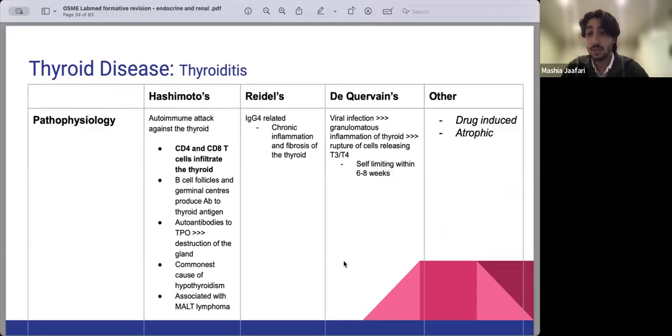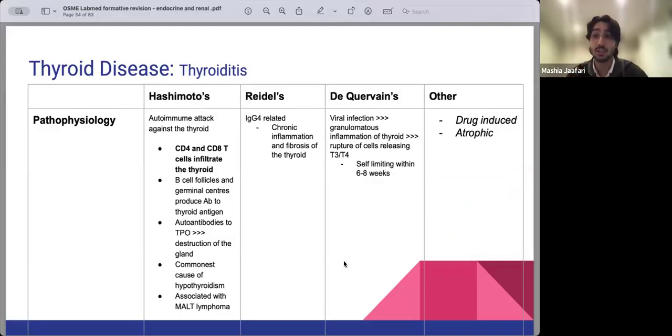Talking about thyroiditis, which is inflammation of the thyroid gland, there are a few different types, which LabMed does test sometimes. And so the overall idea why thyroiditis can cause hyper and hypothyroidism is because when there's inflammation of the thyroid, what happens is that it releases all of its thyroid hormone at once. So you get this initial state where the thyroid has just gone inflamed and it's releasing all this thyroid hormone that it has.